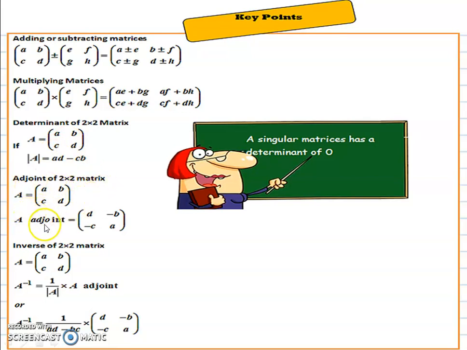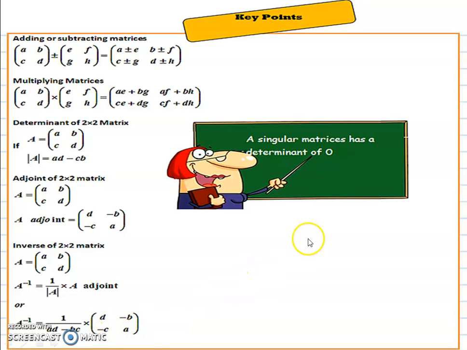The adjoint of a 2 by 2 matrix is always given by interchanging the diagonal elements and then changing the sign of the other diagonal elements, that is, if ABCD is the matrix, then D, minus B, minus C, A. The inverse of a 2 by 2 matrix is given by A inverse equal to 1 upon determinant of A into adjoint of A, that is 1 upon AD minus BC into D, minus B, minus C and A.